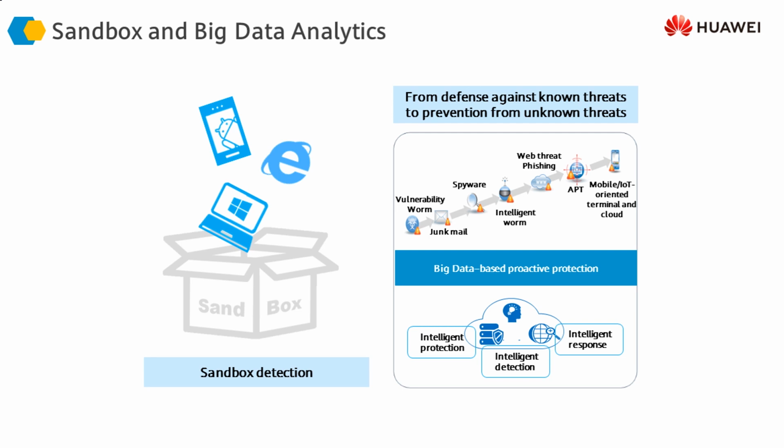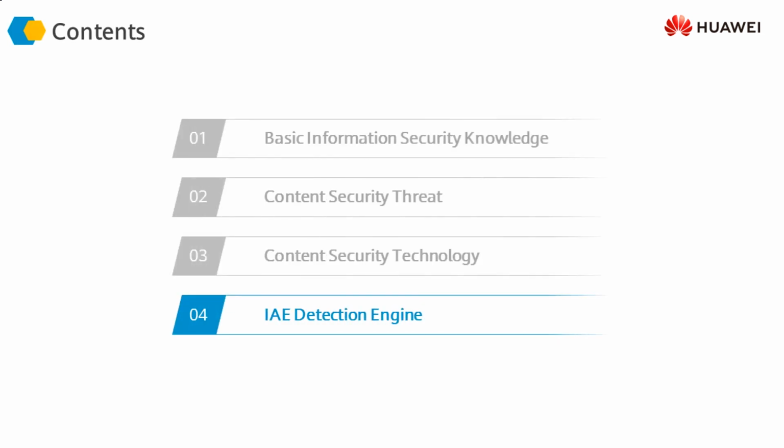And now let's take a look at the final concept that is going to be discussed in this module. Okay, so the last topic in this module is the IAE detection engine, or the Intelligent Awareness Engine. As I said earlier, the Intelligent Awareness Engine is the heart and soul of all the content security that we have discussed so far.